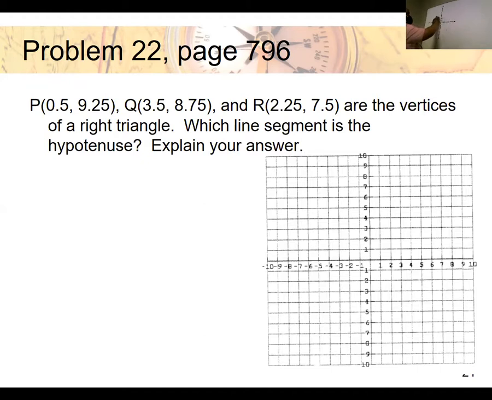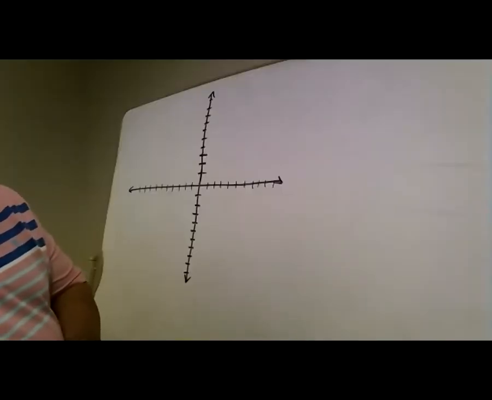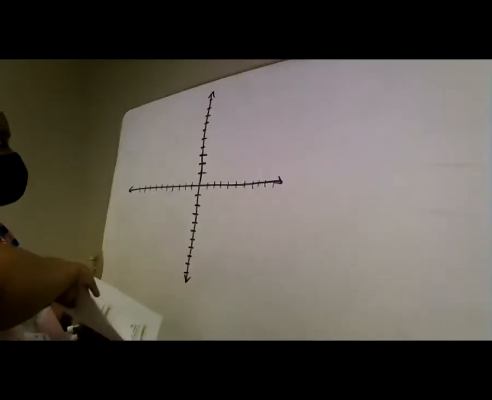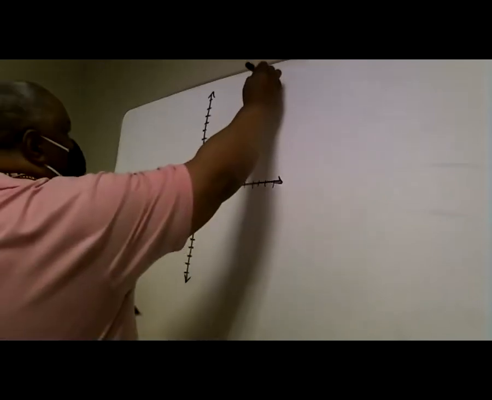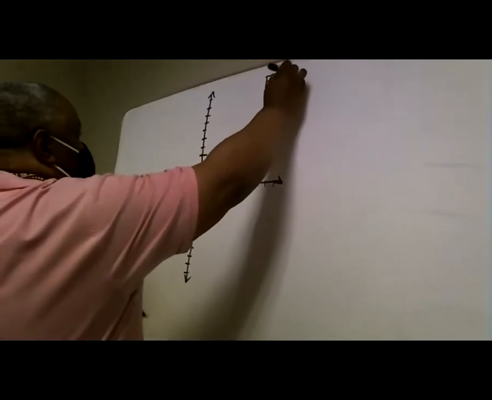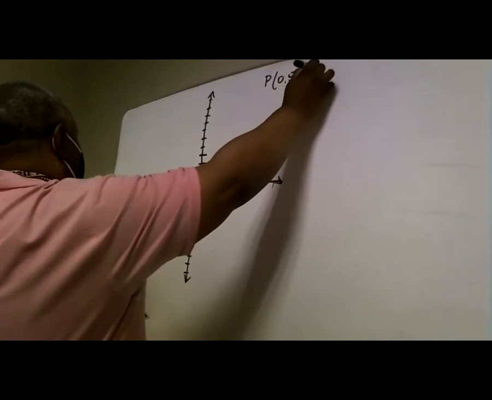Okay, so let me plot the point. I'm going to plot the point P, and that's 0.5 and 9.25.